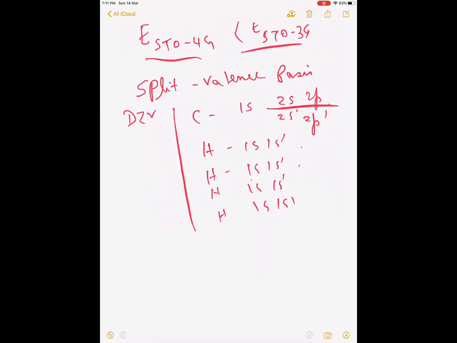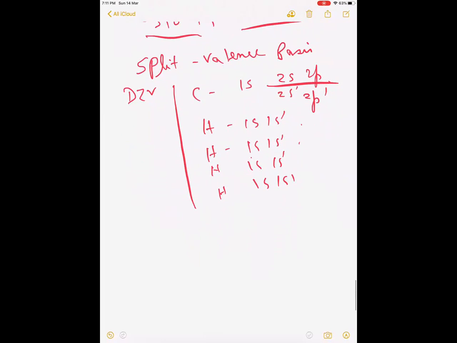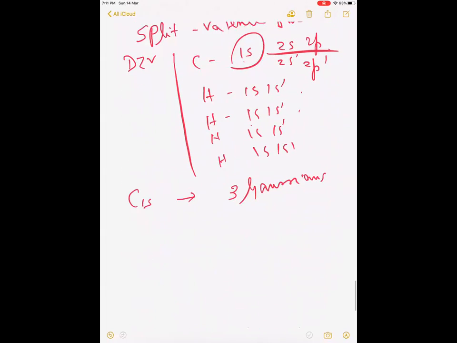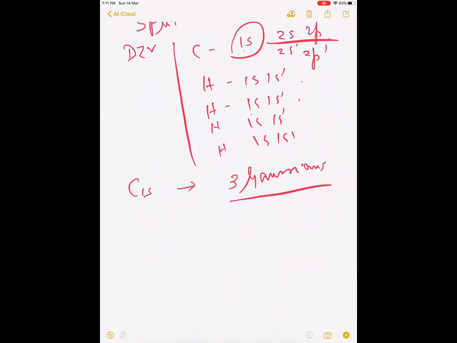One standard Gaussian choice is for the core orbitals, like 1s here. For the carbon 1s, you use 3 Gaussians, just like you did for the STO-3G, where everything was expanded in 3 Gaussians. Here, the core orbital is expanded in terms of 3 Gaussians. The first set of valence orbitals, 2s, 2p, is expanded in terms of 2 Gaussians.